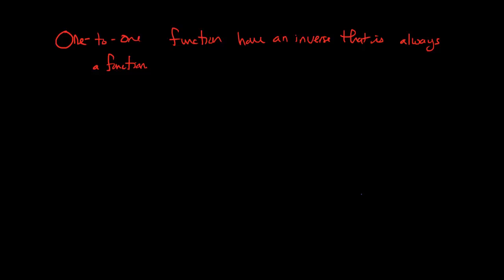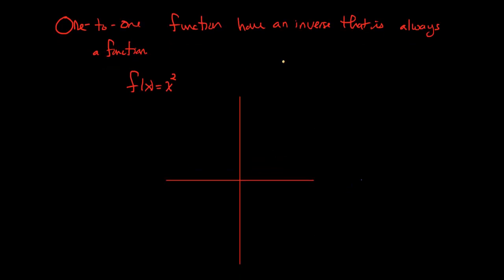Sometimes, if we looked at that last problem, f of x equal to x squared, when we draw this, we recognize this is a parabola, and this opens up, like such. Sometimes what we can do is restrict the parabola's domain such that the inverse is a function.